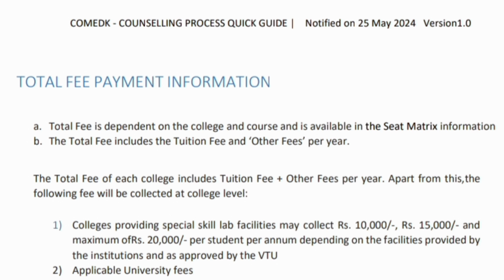You will have to check which college you are applying to. There may be a difference of 5,000 or 10,000, which you can see here. Hope you understood. Now the second line item is called applicable university fees. This is related to the university, and the university for all the colleges of Karnataka is basically VTU, both private colleges and all of the government colleges.